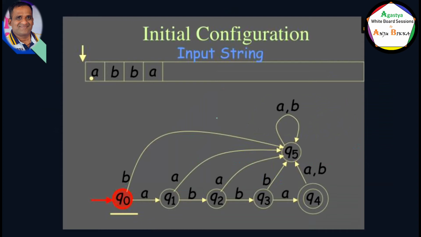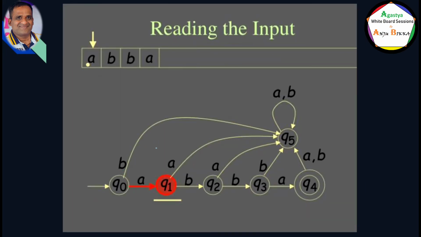Now we can see an example here. This is the input tape, this is the dollar, and these are the marks. Now we are going to read the input. The initial state is Q0. Here we can see the finite control. If the finite control starts at Q0, by reading A, it moves to Q1.